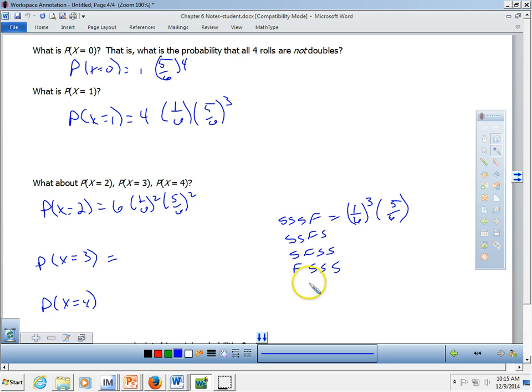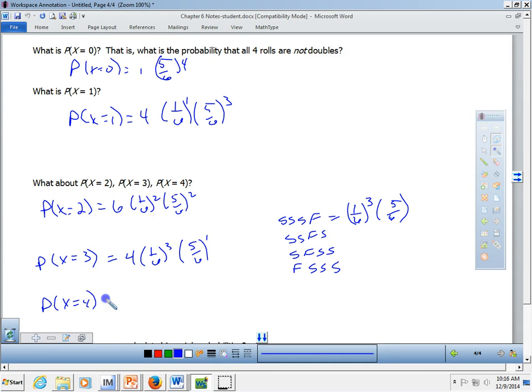And there's 1, 2, 3, 4 ways that's going to happen. So I'll take 4 times 1/6 to the 3rd times 5/6 to the 1st, really, right? I didn't write that to the 1st up here, but again, there's a reason why I'm putting it in. You don't need it, but there's a reason why I'm putting it in.